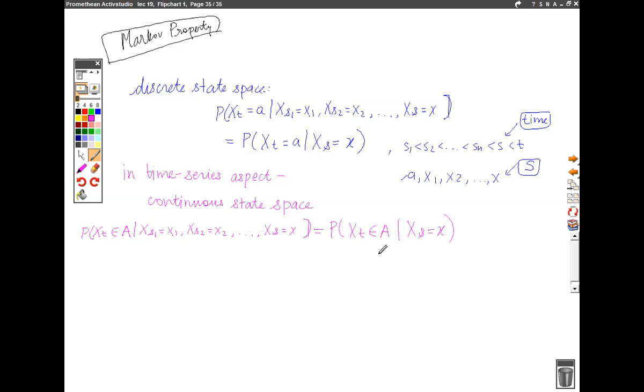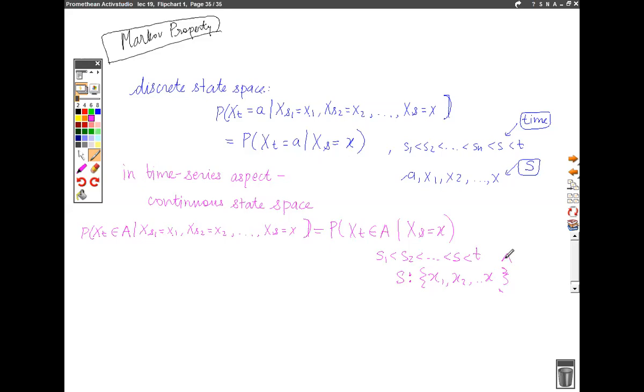And again here, you know that s1 is less than s2, and so on till s, which is again less than t, and x1, x2, x, all of these are in S. And this A right here is also a subset of S. So I can maybe write my A here as well.